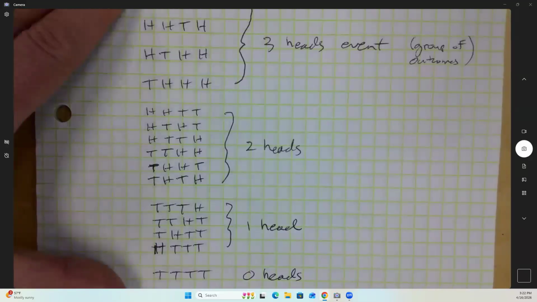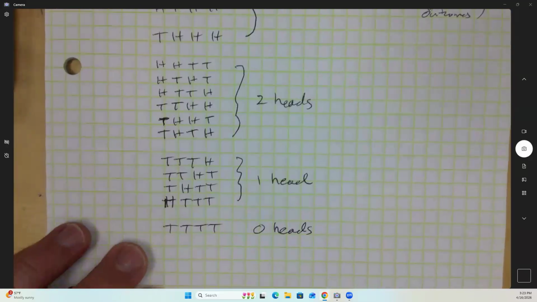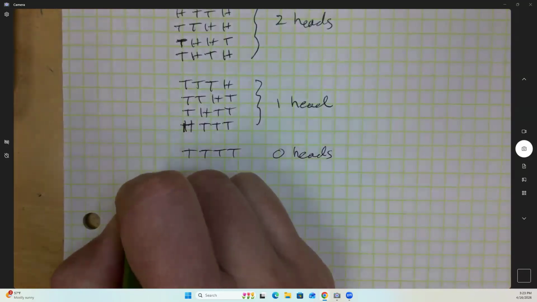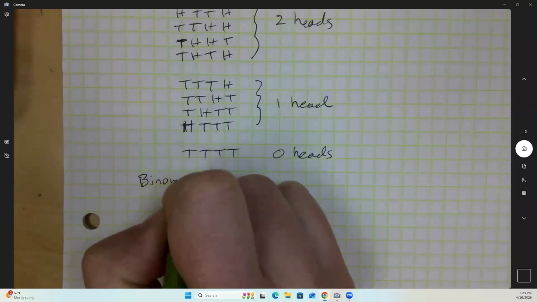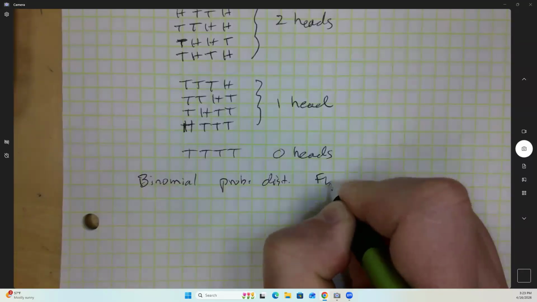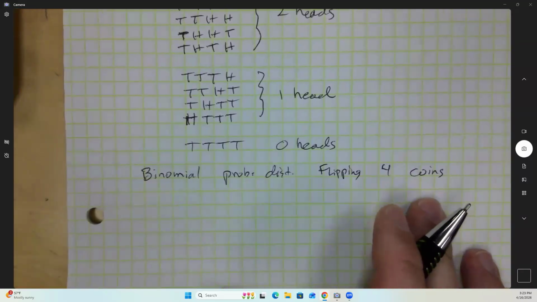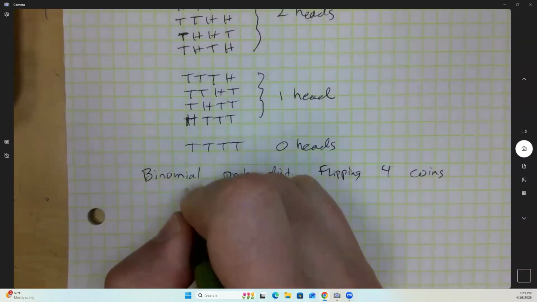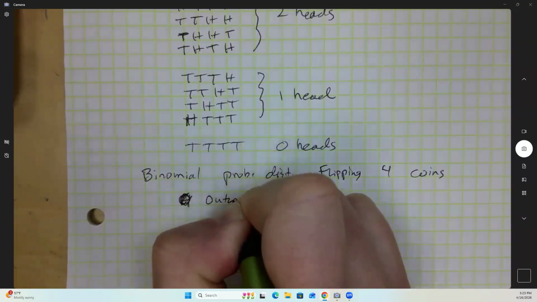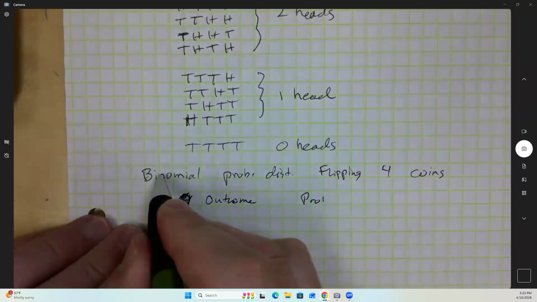So rather than trying to build my probability distribution on these outcomes, let's build it on the events instead. So here's my binomial probability distribution from flipping 4 coins. I want event, not outcome.